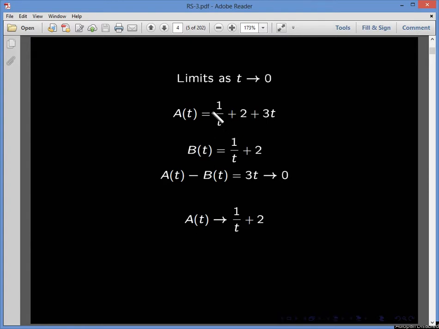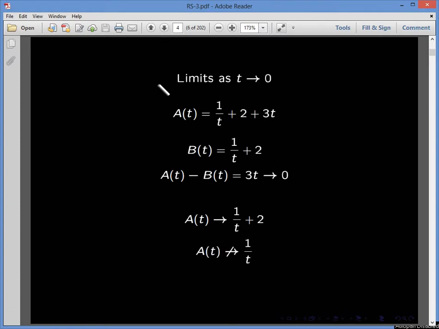But if you look at 1 over t, it is becoming a larger and larger number. We don't usually in calculus consider limits when these are approaching infinity, but we're actually using that idea to compare this fast-growing function as t approaches 0. Since the difference is approaching 0, we say that a(t) is approaching 1 over t plus 2, although there's one more term in there that's negligibly small.